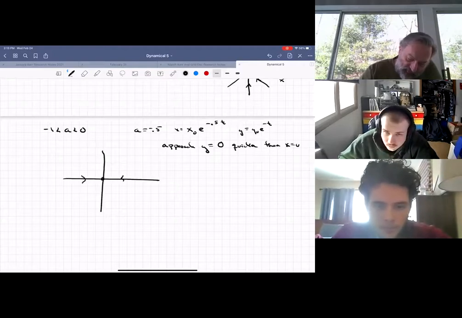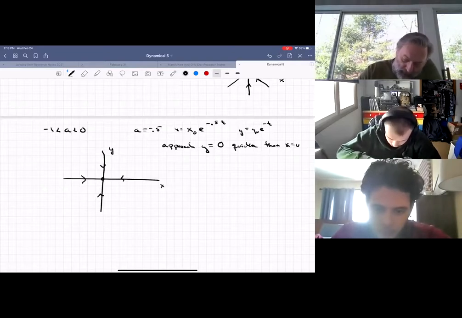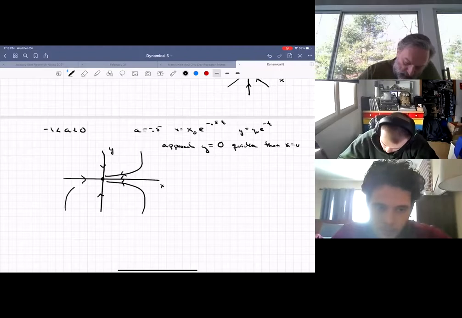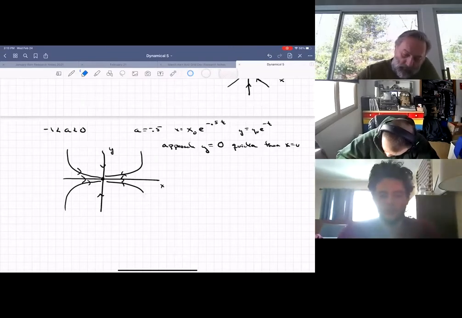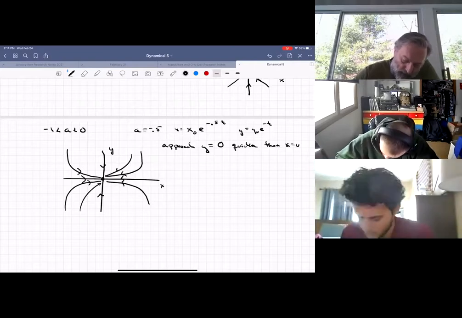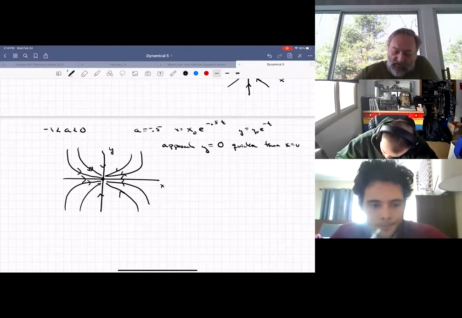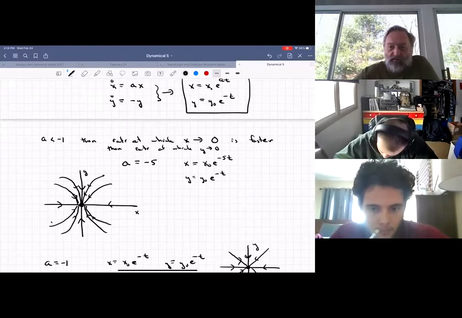So again, the origin's a fixed point, but now I'm going to come in this way. That makes sense? So that's as opposed to when a was less than -1, where I'm coming in along the other axis.